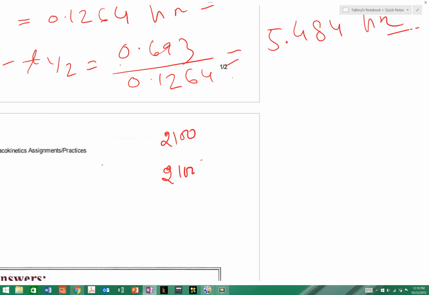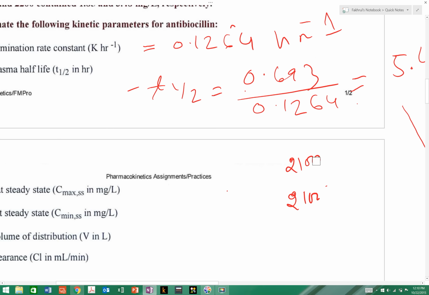That means you have started the dose. Your Cmean is at 2100, and soon after, at the end of the dose, you collected my sample and administered. So there is no time difference. In this case, it's kind of tricky, so that's why you have to do the calculation. Delta T for Cmean would be 2100 minus 2100. That means 0. So in this case, your delta T is going to be 0.